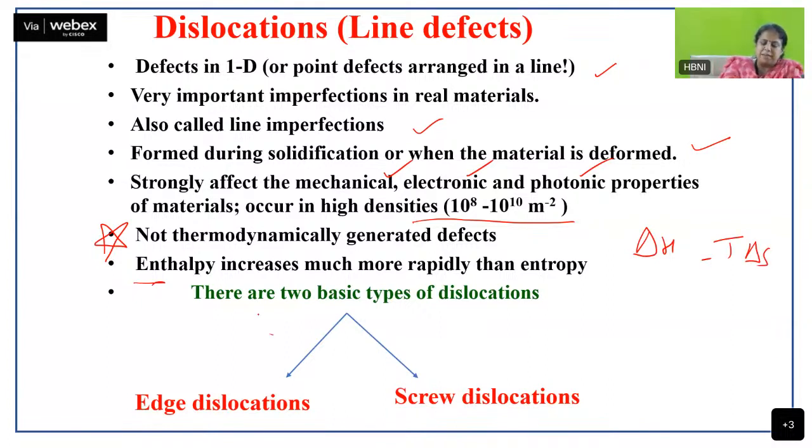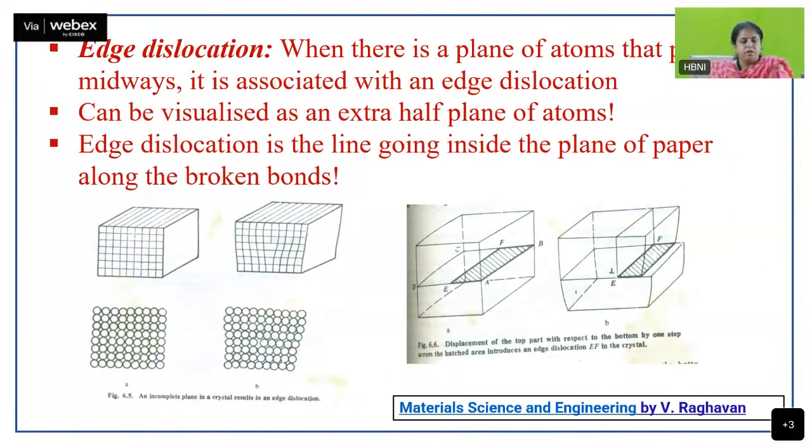Now, there are two basic types of dislocation. There can be many dislocations, but they can always be defined in terms of a combination of these two. So what are those two? Edge dislocation and screw dislocation. So, edge dislocation is simply, just look at this particular figure. Now, this is a perfect cube.